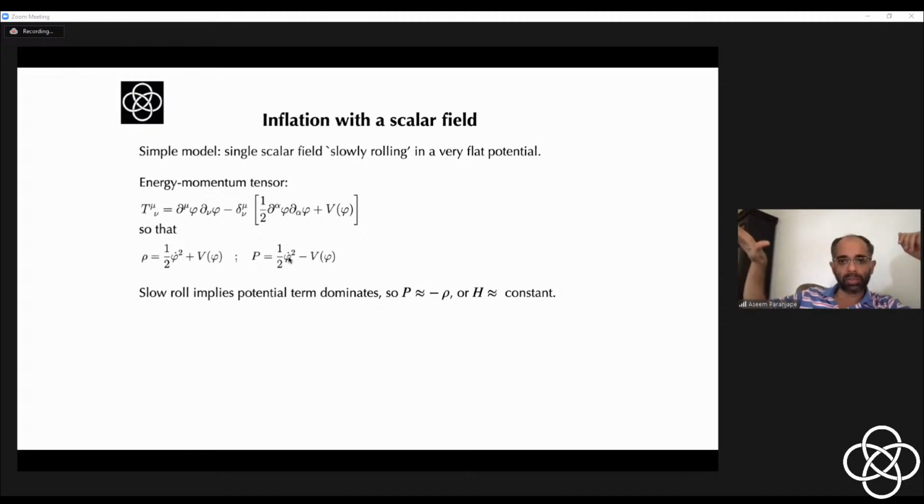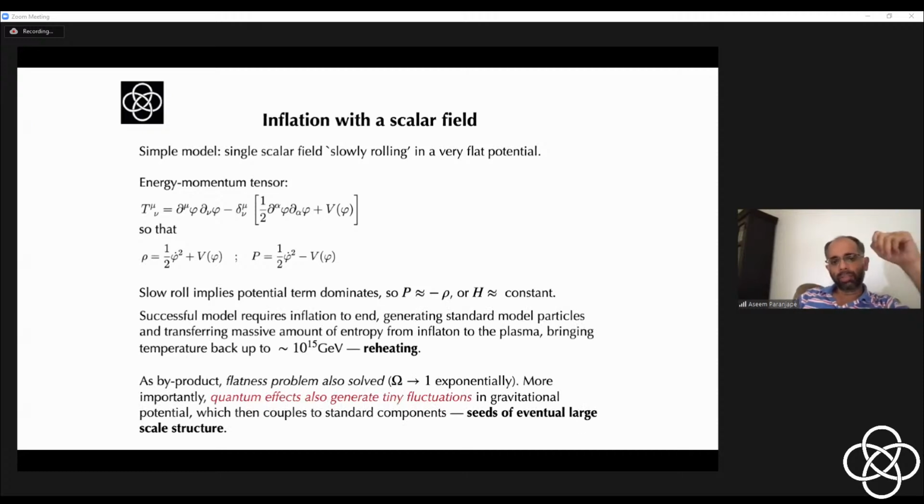Okay, and if the potential is very, very flat, if this V of phi does not change much with phi, then this rho and p will be approximately both related to this constant V of phi, and you will have a situation where phi dot is very small compared to V of phi. But now this is not enough, because if I just allow this to go on forever, then inflation will keep happening.